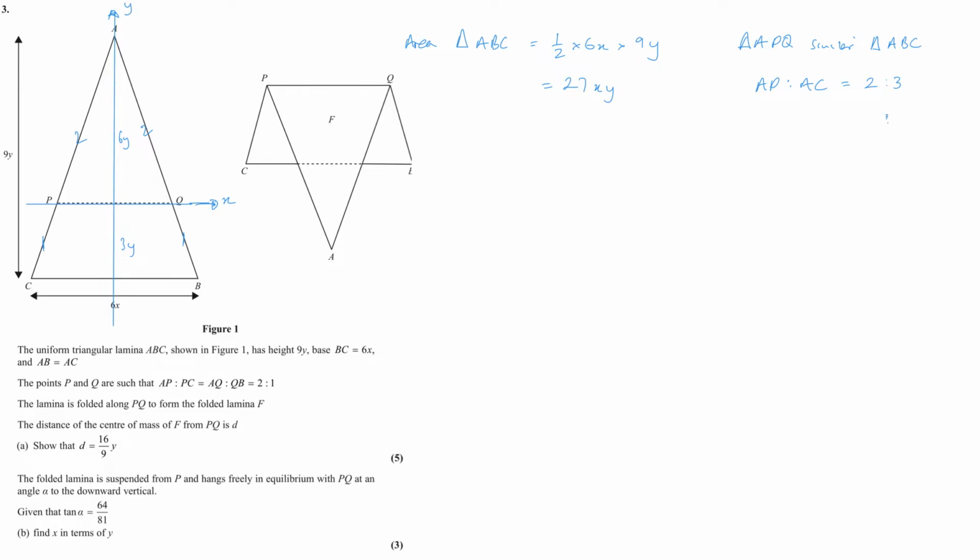So if you think about it, this is 9y to 6y when we're looking at, call this the origin O. So this would be OA to wherever this is down the bottom here.